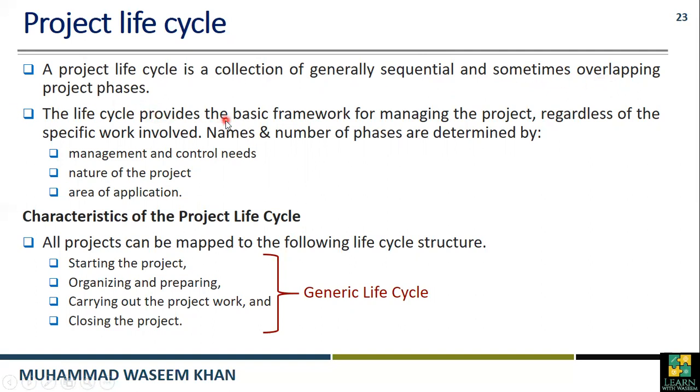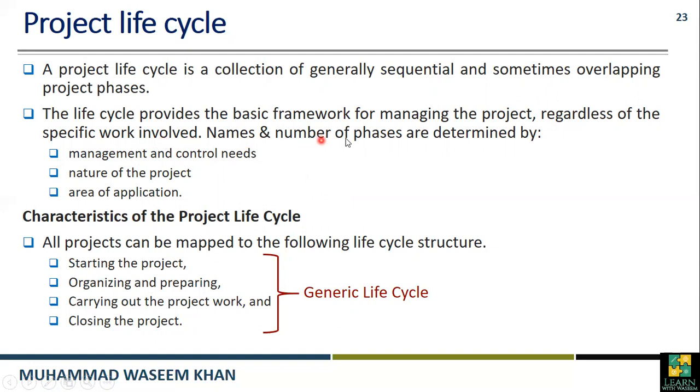The life cycle provides the basic framework for managing the project. Obviously, in project management, we have to manage the project, and for that we need the basic framework, which is usually given by the project life cycle, regardless of the specific work involved.